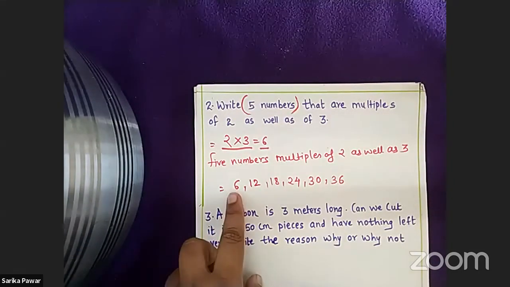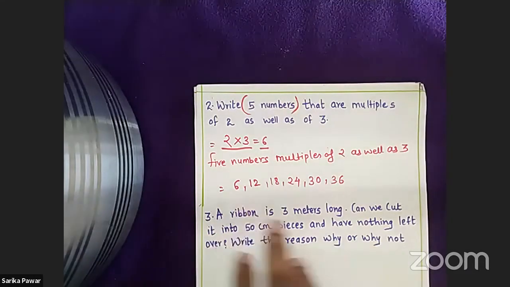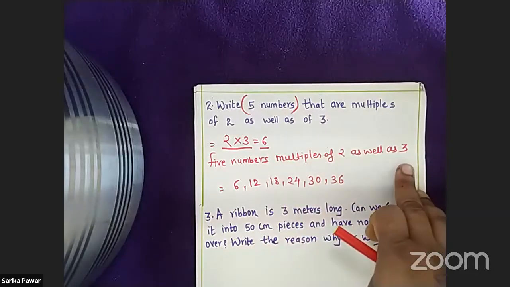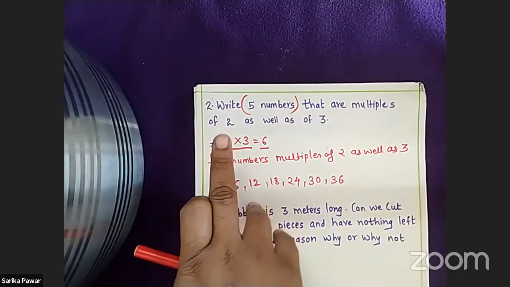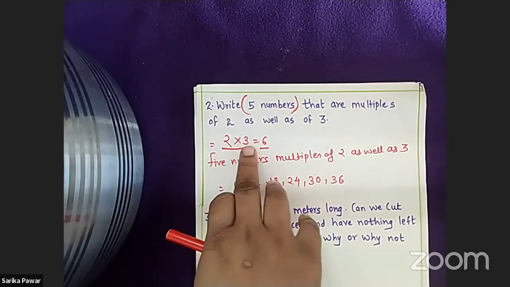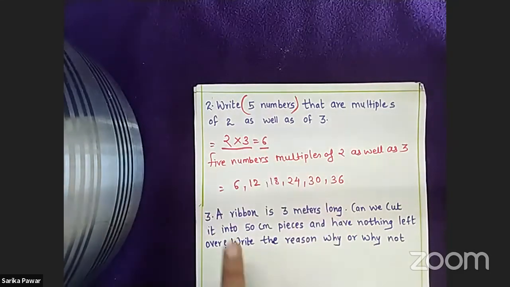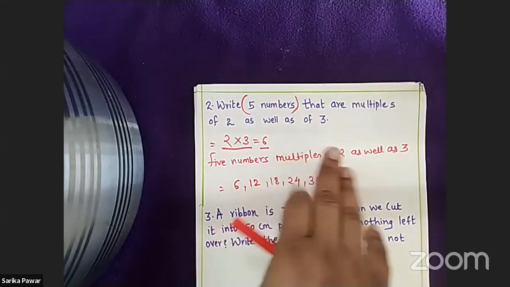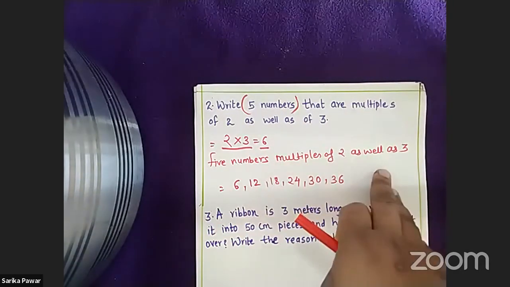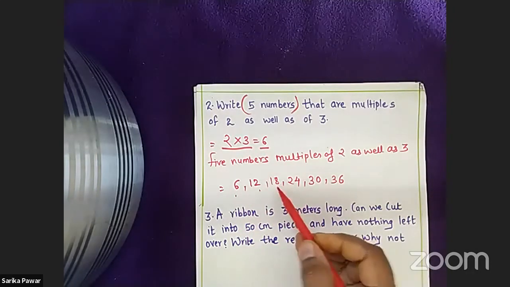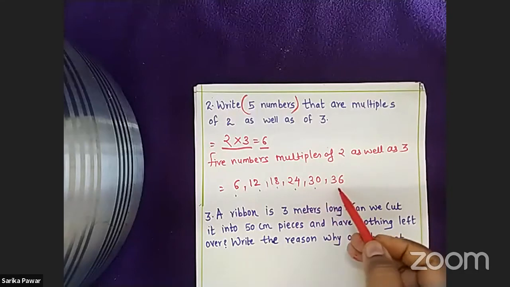Because we want numbers that are multiples of 2 and also multiples of 3. If I multiply 2 with 3, the answer is 6. If I write the multiples of 6, automatically they will be multiples of 2 and also multiples of 3. So our answer is 6, 12, 18, 24, 30 and 36.